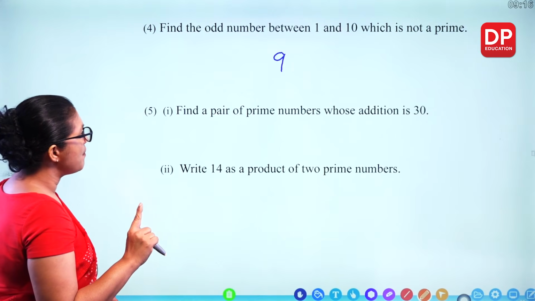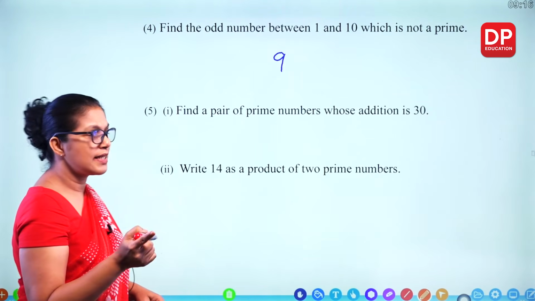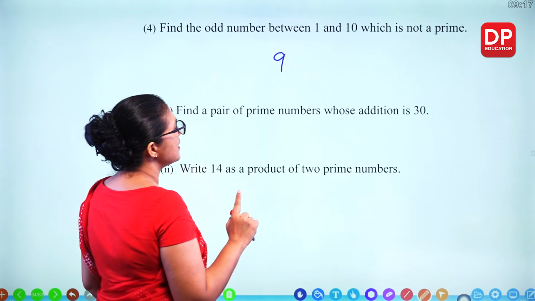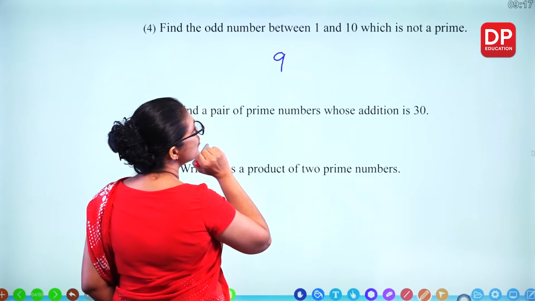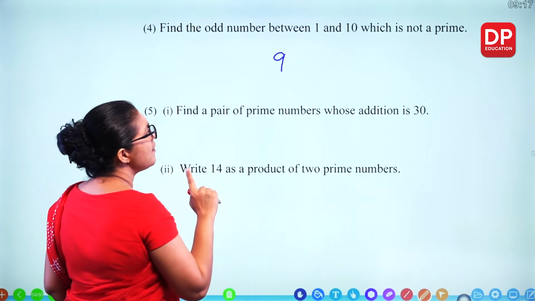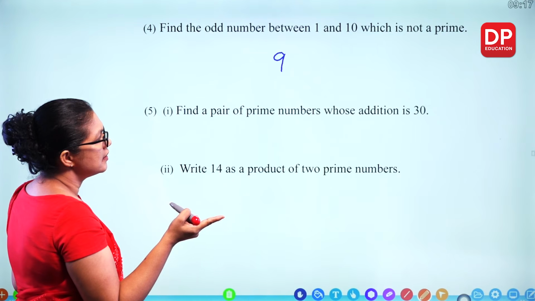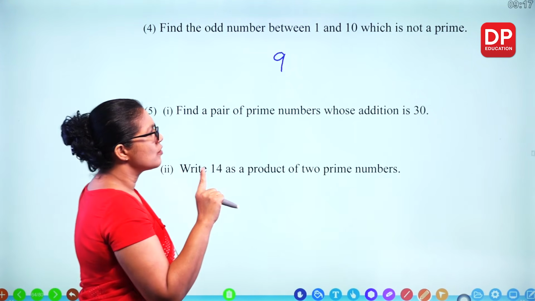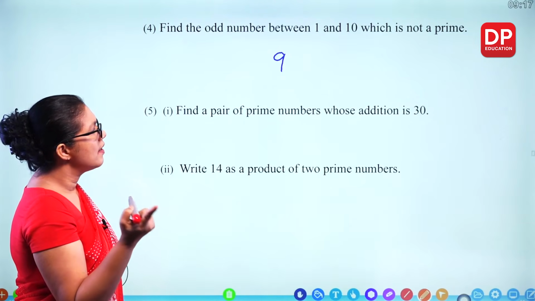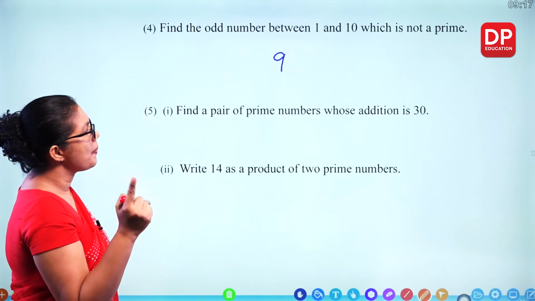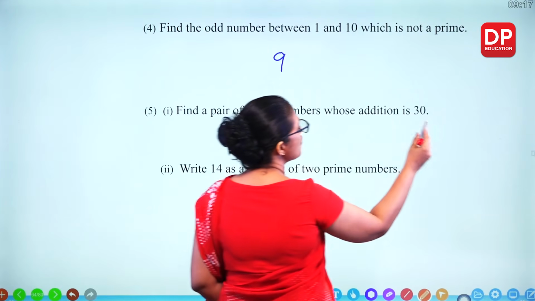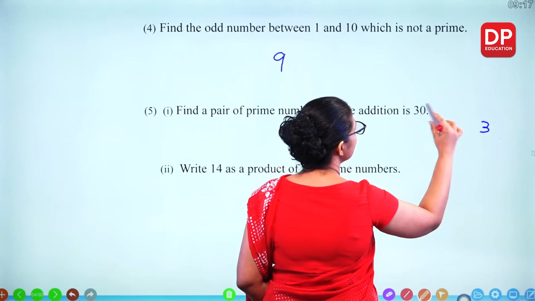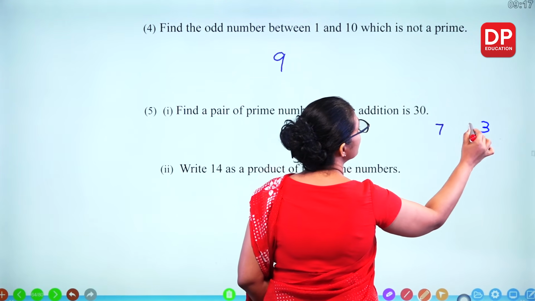Find a pair of prime numbers whose addition is 30. What are the 2 prime numbers whose addition is 30? So 2 with 28, no. 3 with 27, no. So you can check the other numbers. 5 with 25, no. Then 7 with, when you subtract 7 here, you get 23.